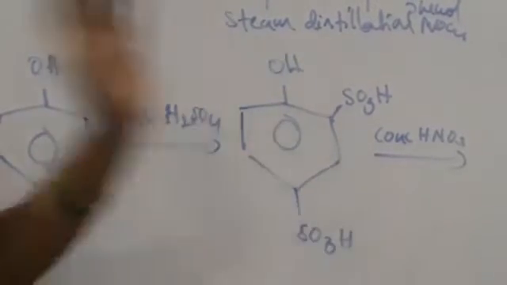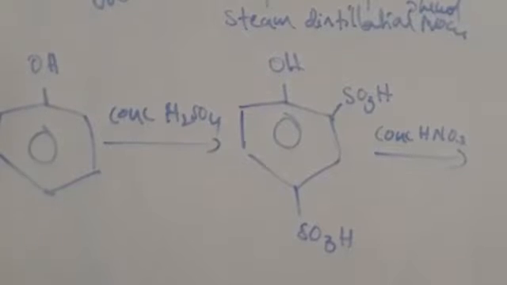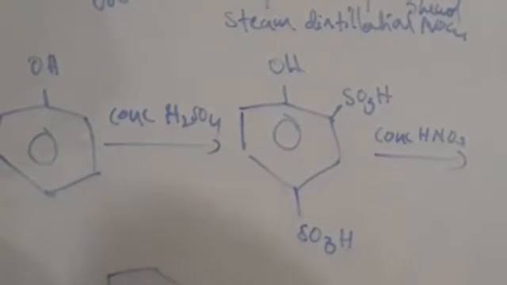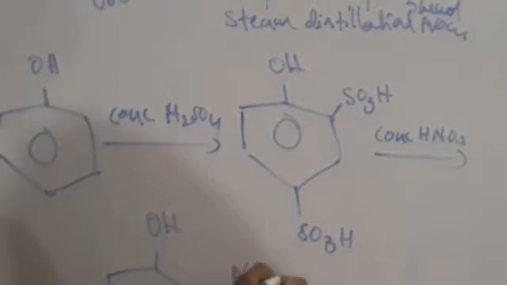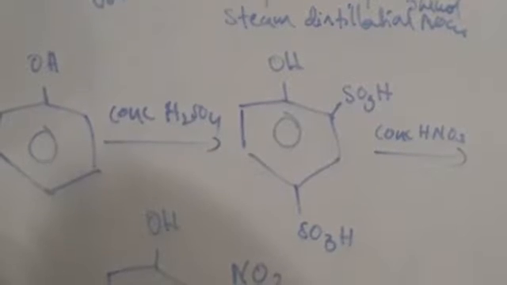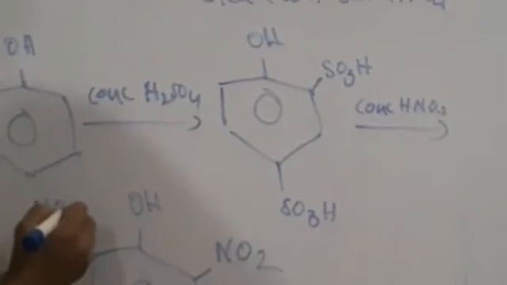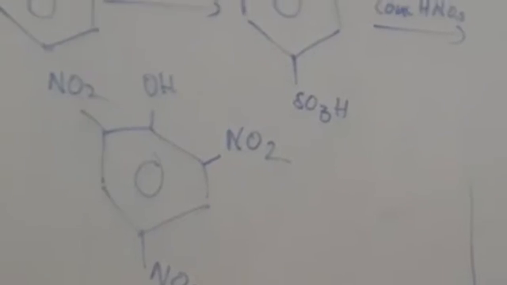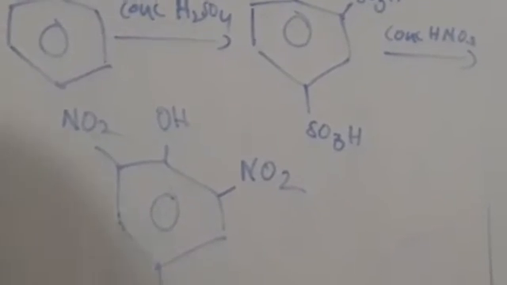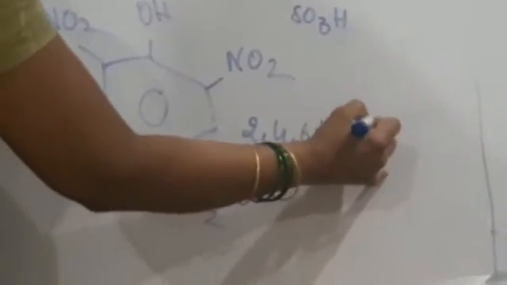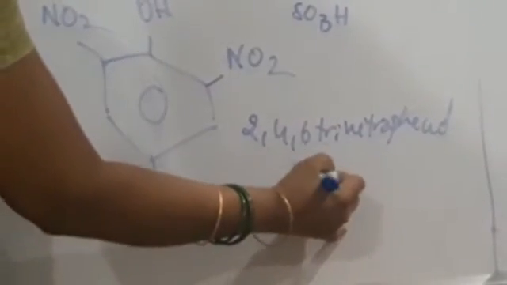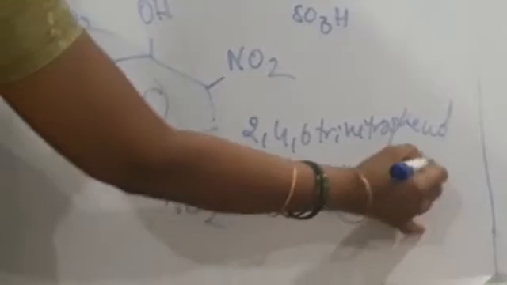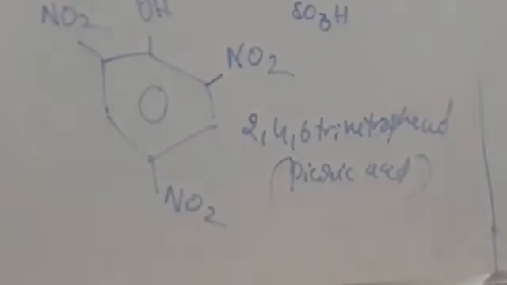The sulfonated compound undergoes nitration here, and finally we get the nitro compound, that is 2,4,6 trinitrophenol. The obtained compound is 2,4,6 trinitrophenol, and this is also known as picric acid.